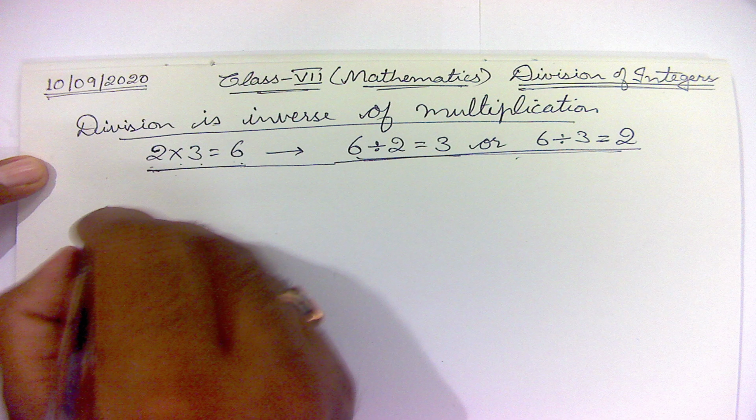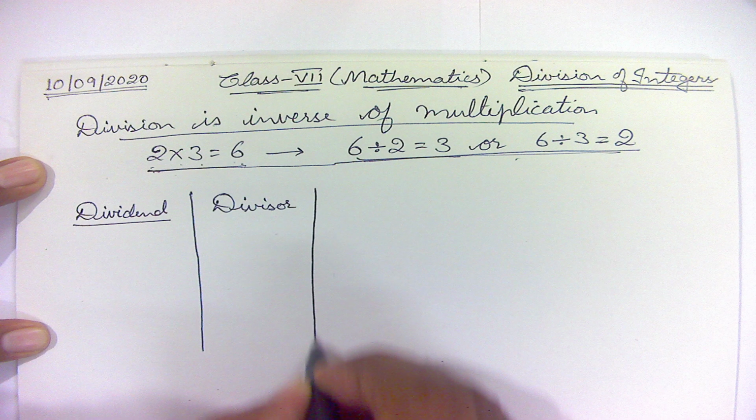The number by which we divide it is the divisor. Like 6 divided by 2. Now 6 is being divided, so this is the dividend. We are dividing 6 by 2, so this 2 becomes the divisor.